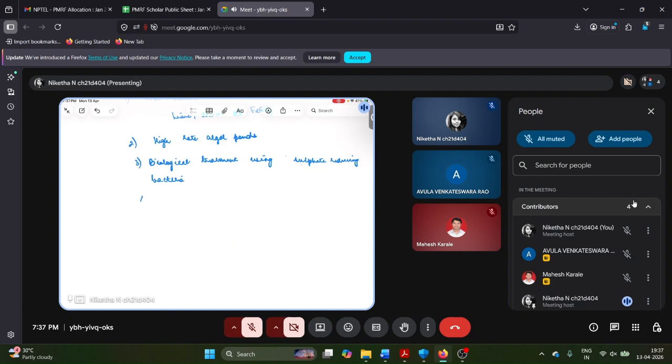And we can also do the alkaline injection technique. So this is injecting some alkaline solution directly into the acidic mine discharge. So this will neutralize the acidic mine waste water.